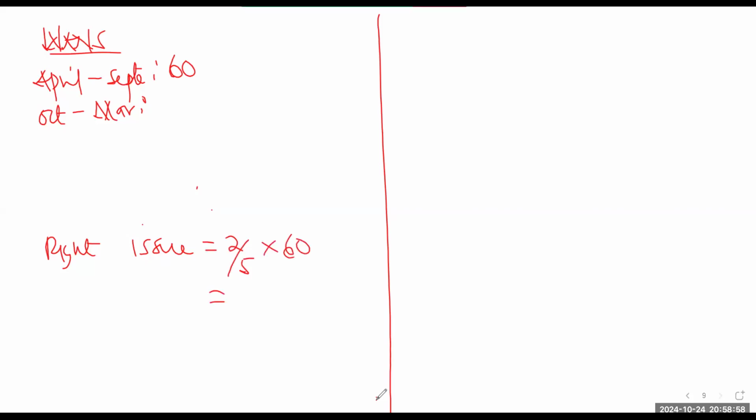How many shares will be given from this one? 24. So we have 60 and we are giving an additional 24. What will be the total number of shares from October? 84. Okay, that will give us 84.